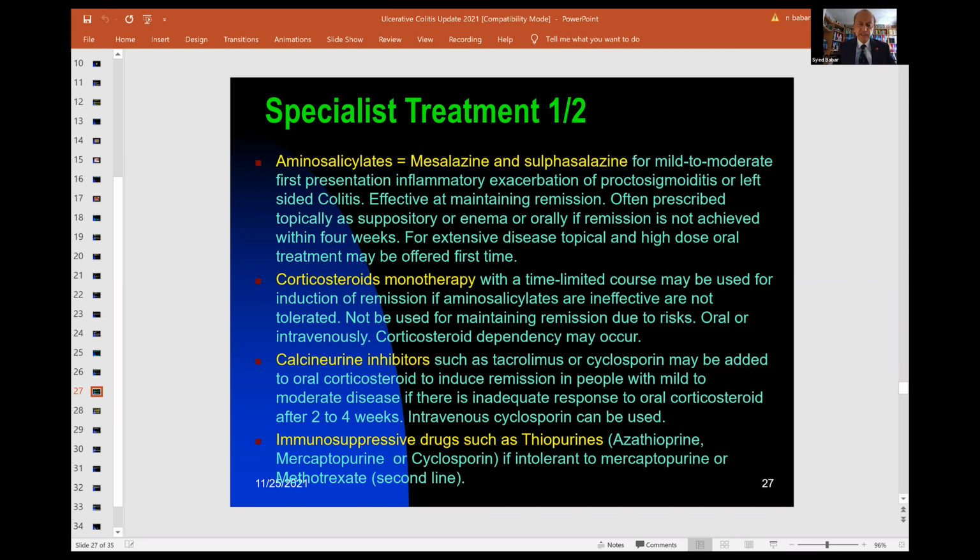Corticoid monotherapy is usually time limited, so it is done to bridge the gap between treatment or to produce immediate benefit, to be followed by aminosalicylate treatment. Corticosteroid dependency may occur.